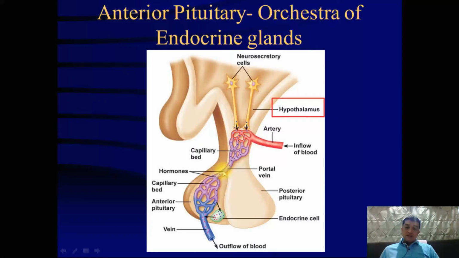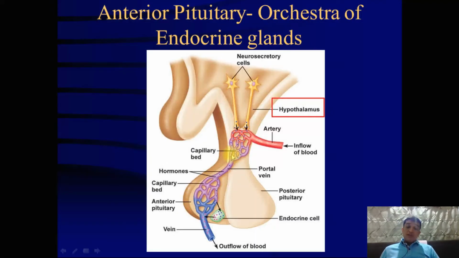Here it is a portal vein. Remember, it is a portal vein which will make one more network of capillaries. So this is one more plexus. This is the primary plexus, and because of the portal vein, this is the secondary plexus. And now it is moving towards the systemic circulation. Because it is making one more plexus, you call it portal circulation.